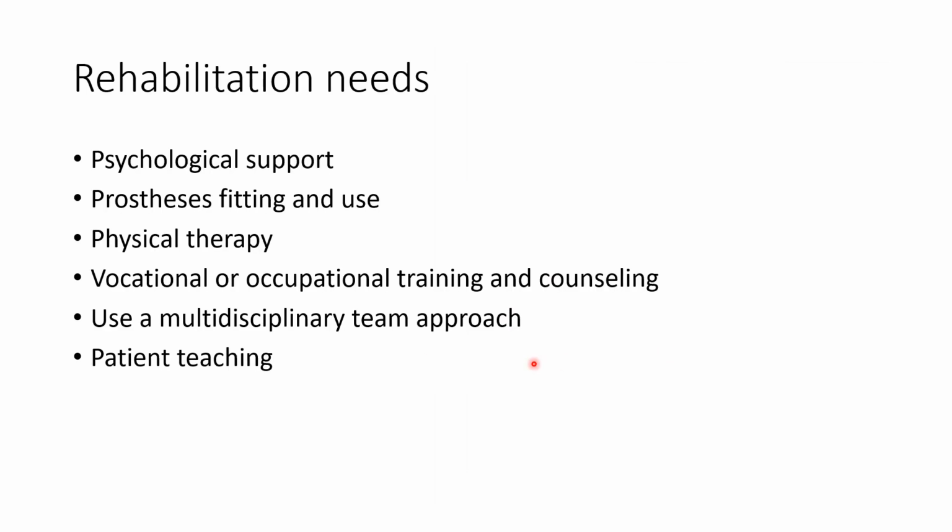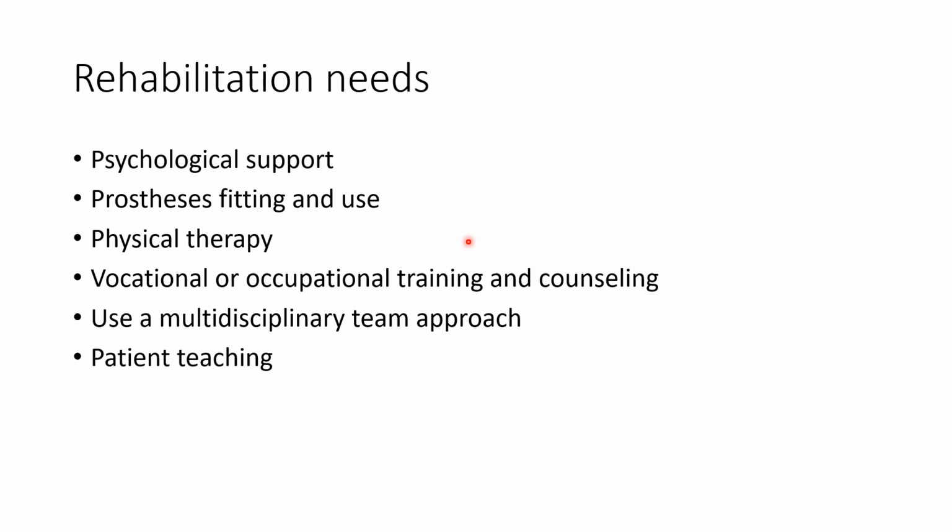As I mentioned, psychological support is a huge part of the nursing care and the medical management for this patient. You're seeing that here under amputation, it's one of the first things that we're addressing, just because the patient is losing a limb and they are grieving the body part that they've lost, right? A lot of the needs in rehab have to do with psychological support, the prostheses, how to fit them, how to use them, physical therapy, learning how to walk again, and vocational or occupational training and counseling.